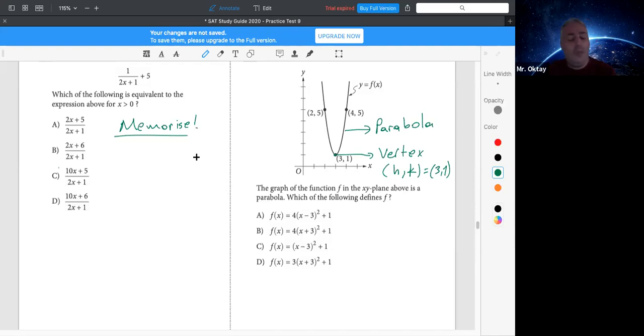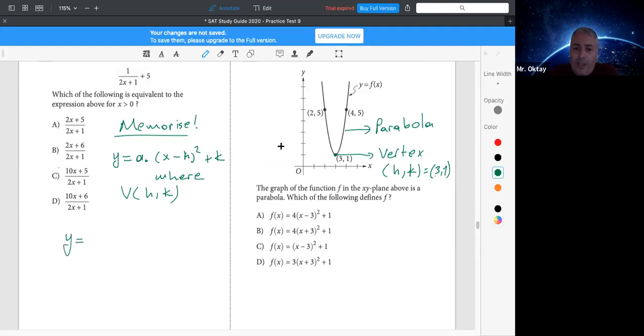Just memorize it, and you can solve all the questions of this type. All parabolas are given in this way: a times (x minus h) squared plus k, where the vertex is h comma k. So when you look at here, h is 3, k is 1.